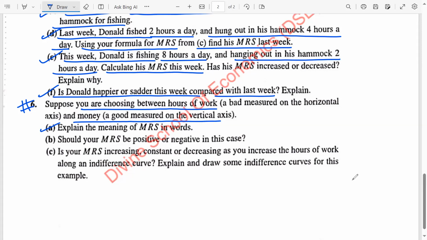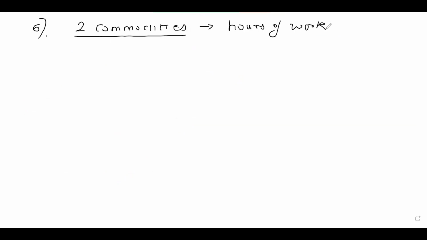So first of all, let me come to the whiteboard and let's take this up for discussion. We are looking at problem number 6. We have two commodities. One is hours of work, which is a bad measured on the horizontal axis.